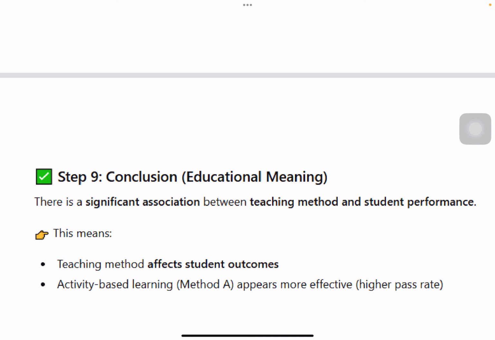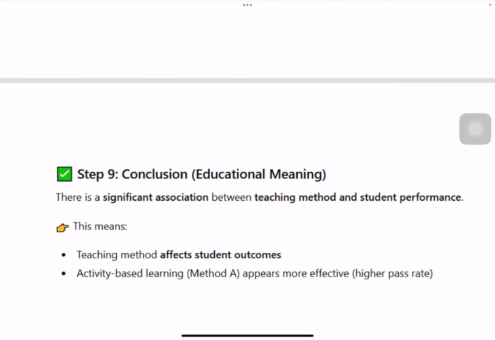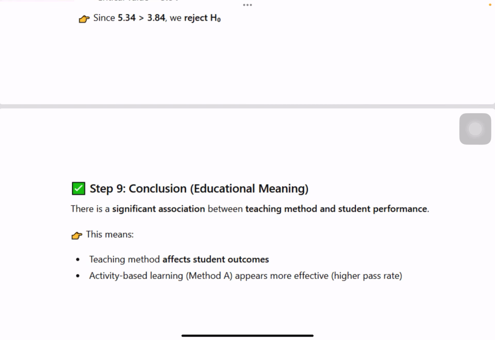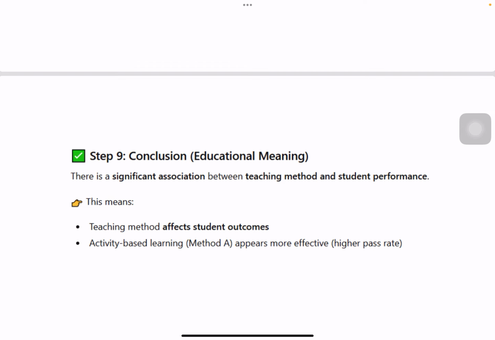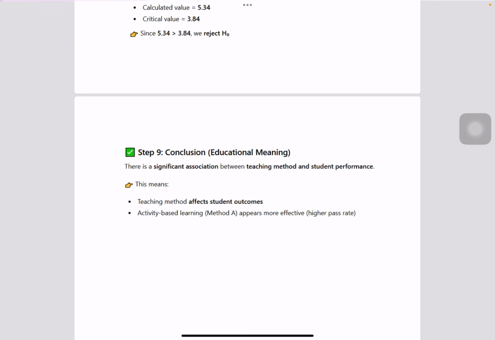It means that there is a significant relationship. That's why in the conclusion statement there is a significant association. It means there is a significant connection and relationship between teaching methods and student performance. This means teaching method affects student outcomes. Activity-based learning, method A, appears more effective, with a higher pass rate.